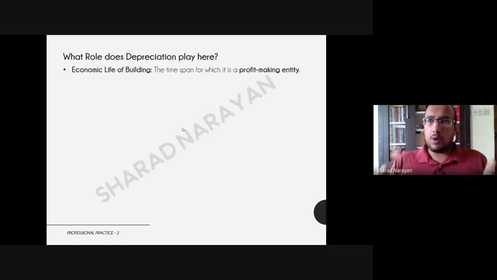A building makes a profit when the amount that a person is able to make from the building, let us say X, is always positive.